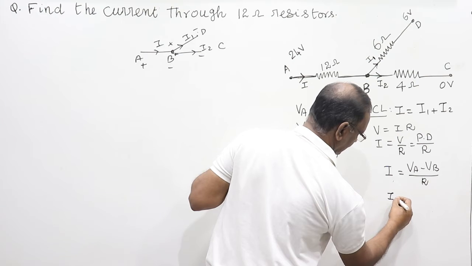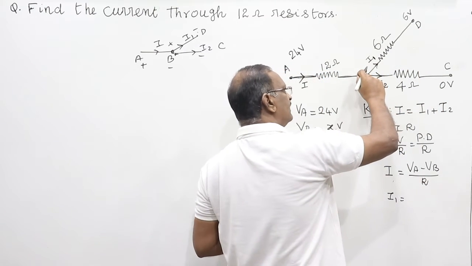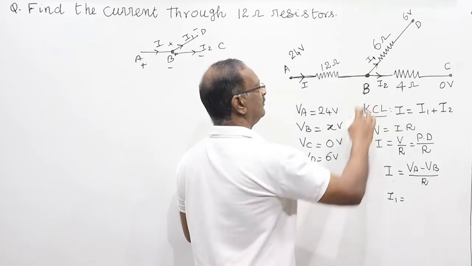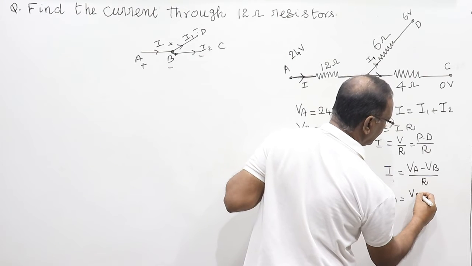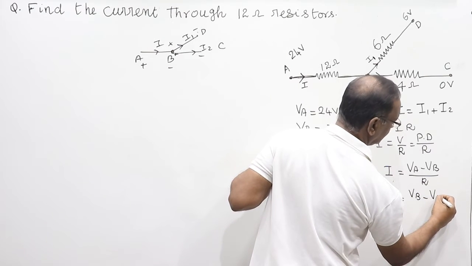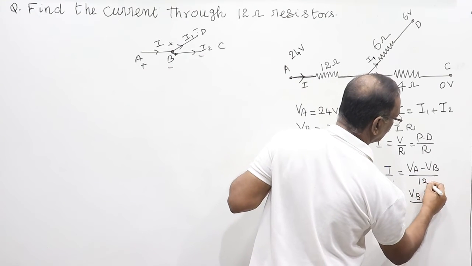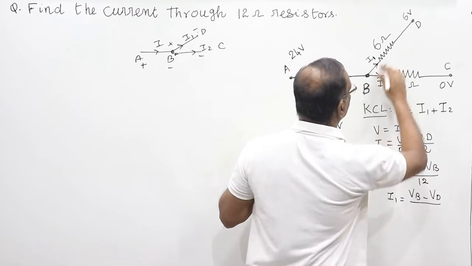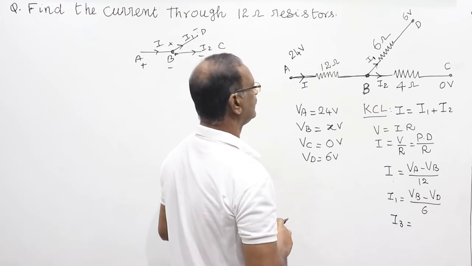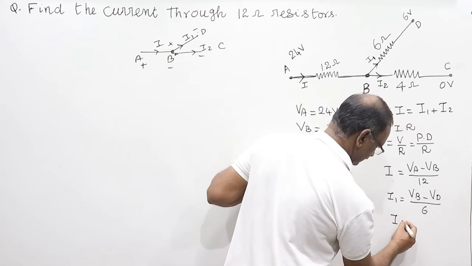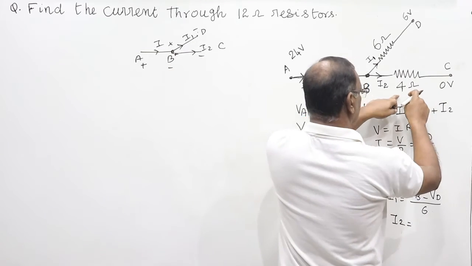What about I1? Here the current is flowing from here to here, so this is at higher potential and this is at lower potential. The potential difference between these two points is potential at B minus potential at D, divided by R, which is 6 ohm. Then I2 is equal to the potential difference across this point divided by this resistance.